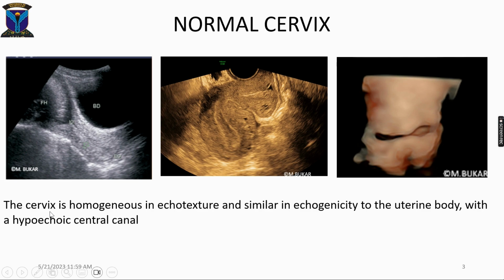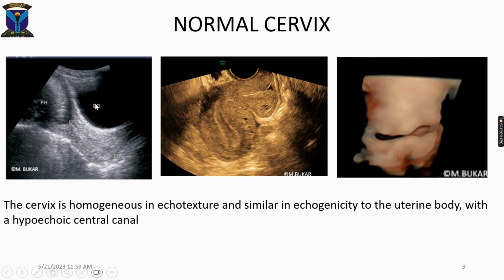The normal cervix is homogeneous in echotexture and similar in echogenicity to the uterine body, with a hypoechoic central canal, although not always the case.